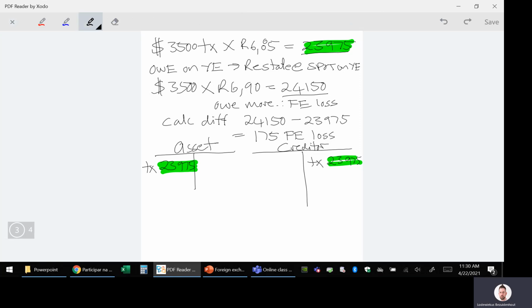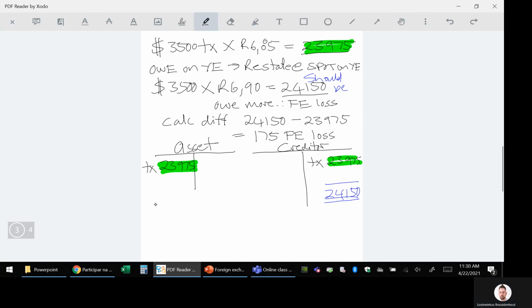So now we have to restate our creditor on year end. The creditor should be 24,150. So we have to get a balance there of 24,150. And because the rate increased, it will be a foreign exchange loss. So we have to say foreign exchange loss, and that difference now is 175.